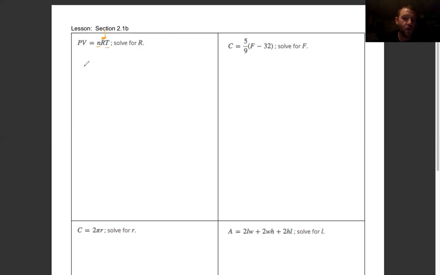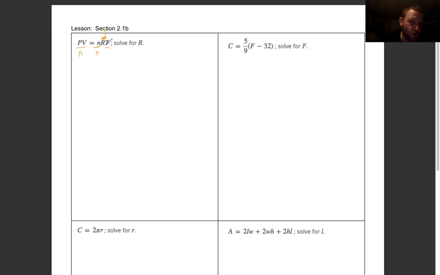And so what you need to think about is, what are they doing to R? This is multiply, some of them minus, some of them add, some of them divide. Whatever they're doing to it, you got to do the opposite. So if this is multiply, the opposite is to divide. So I'm going to divide by n, divide by n.